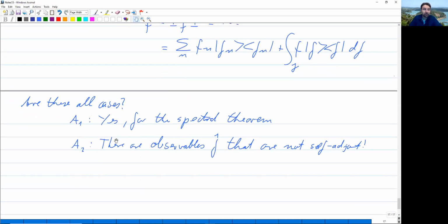And they have cool features that we will see later on in the course. I mean, for example, I think I mentioned that example earlier, the momentum operator of a particle in a box, it's not self-adjoint, but of course you can measure the momentum there. And what that means is that the spectral theorem is evaded for a reason that we will see.